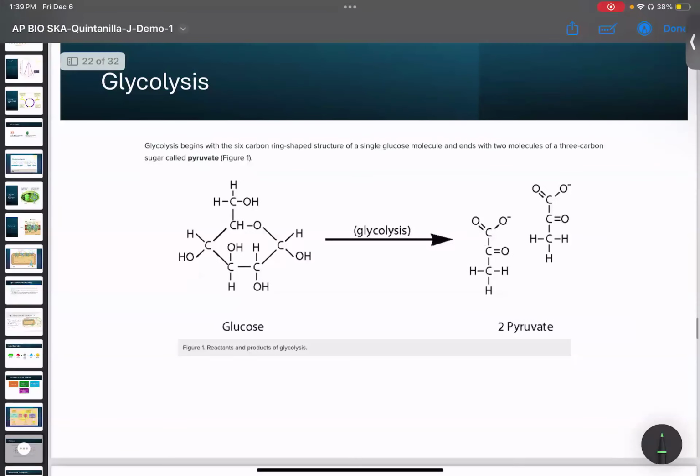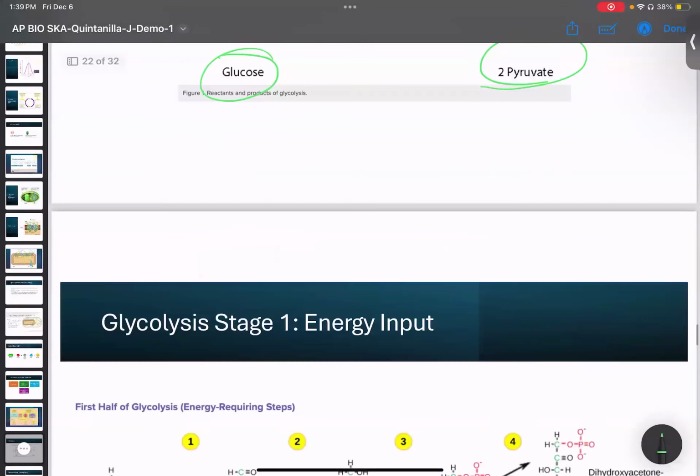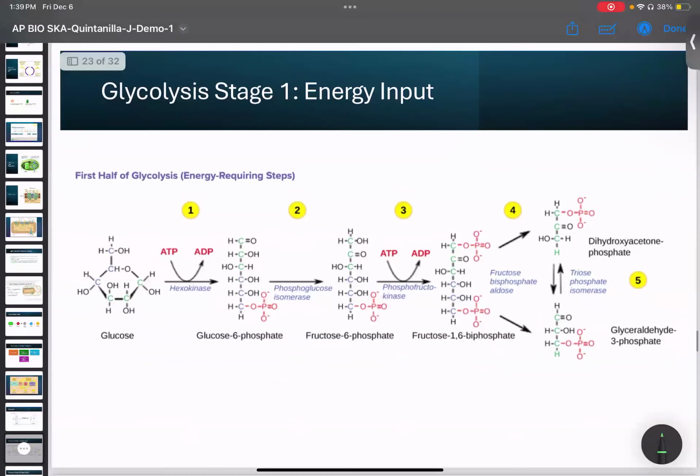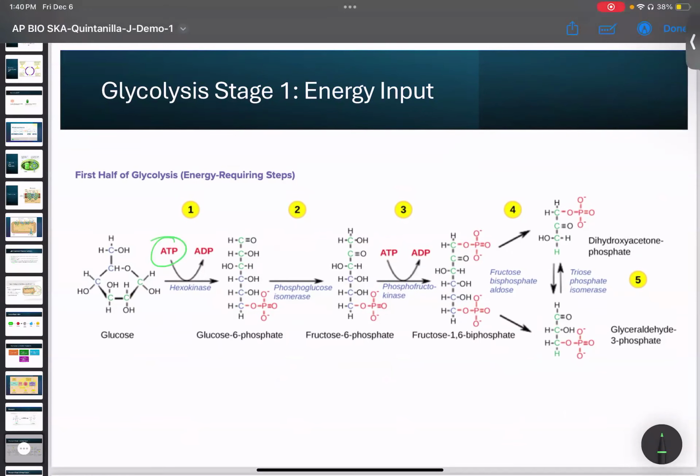So glycolysis, at its most general explanation, is the process in which we metabolize glucose into 2 pyruvate molecules. The first stage of glycolysis requires that we input 2 ATP molecules to push the chemical reaction forward.